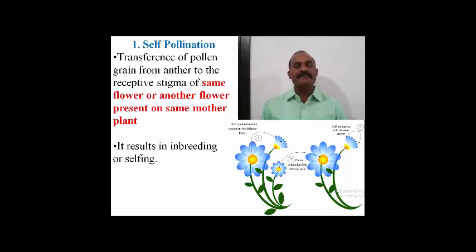Obviously, self-pollination will result in inbreeding, or it is called selfing in biology, as there is no involvement of an unknown or third partner, or we can say there is no chance of foreign pollen grain. It is compulsorily resulting in inbreeding or selfing.